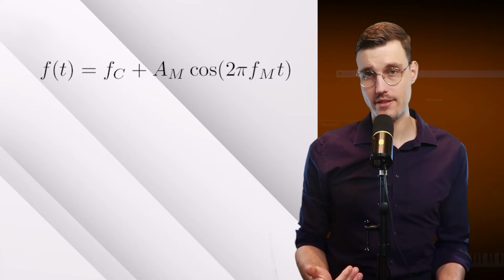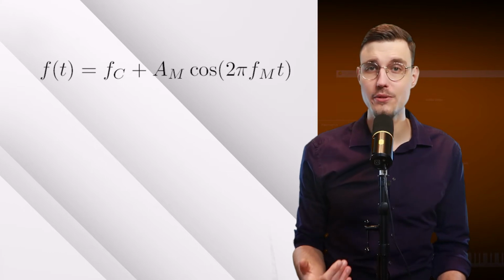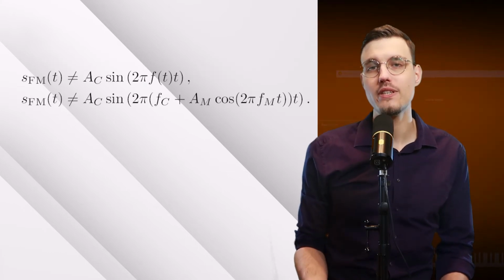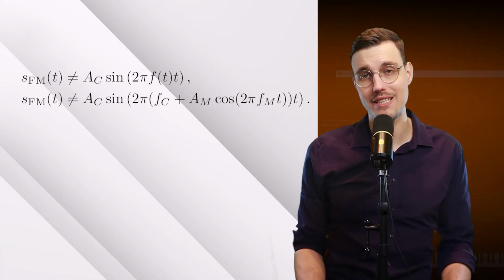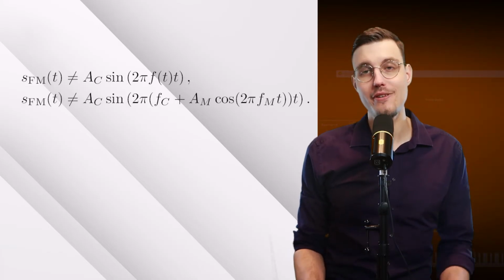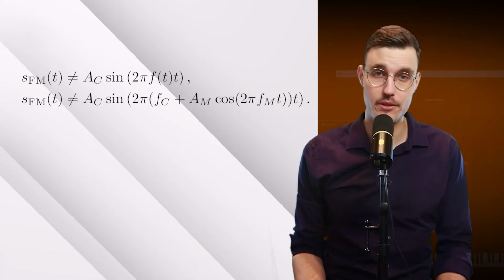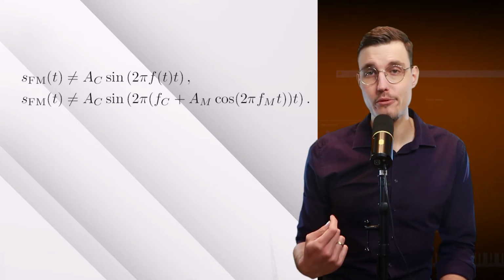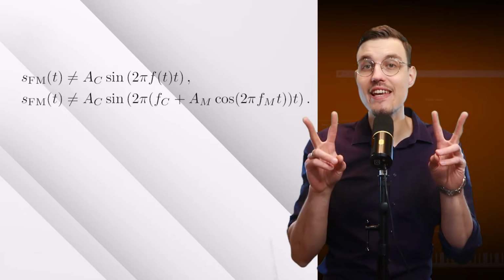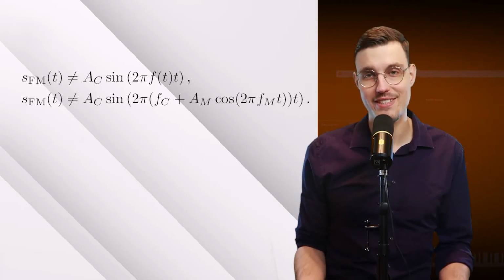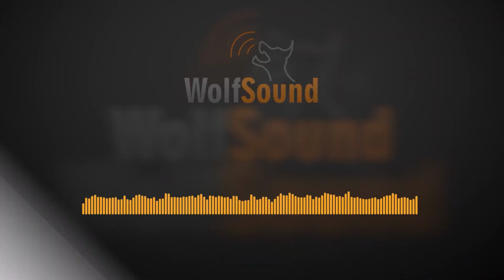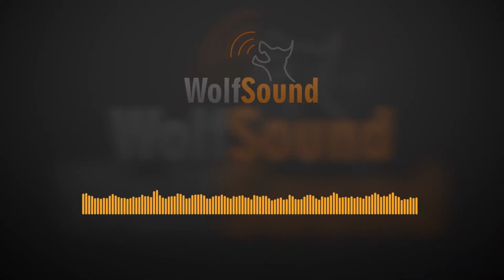To create a sine oscillator whose frequency changes according to this equation, we cannot simply put it into the sine formula like this, because it's not mathematically correct. Here, Ac stands for the carrier amplitude, by the way. If you would apply the thing in this equation to generate a sound, then we would get a signal that sounds like this.